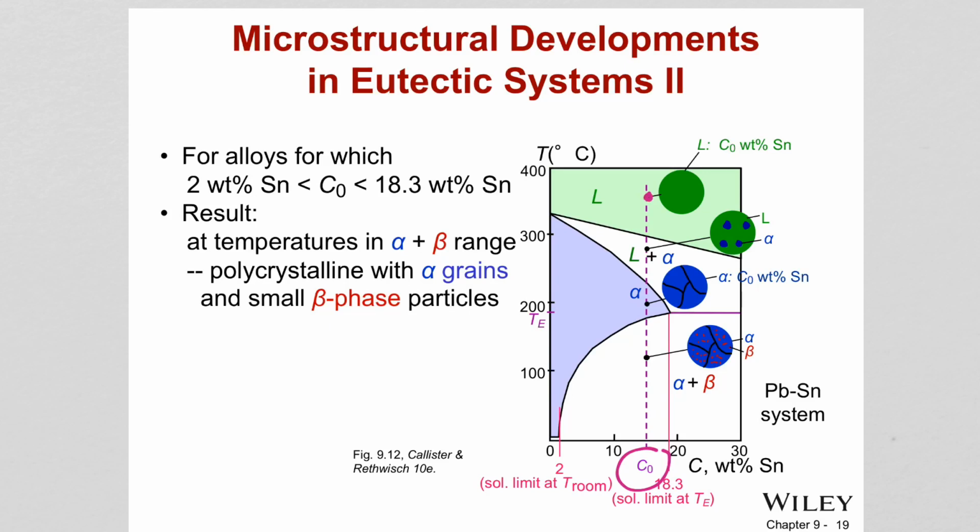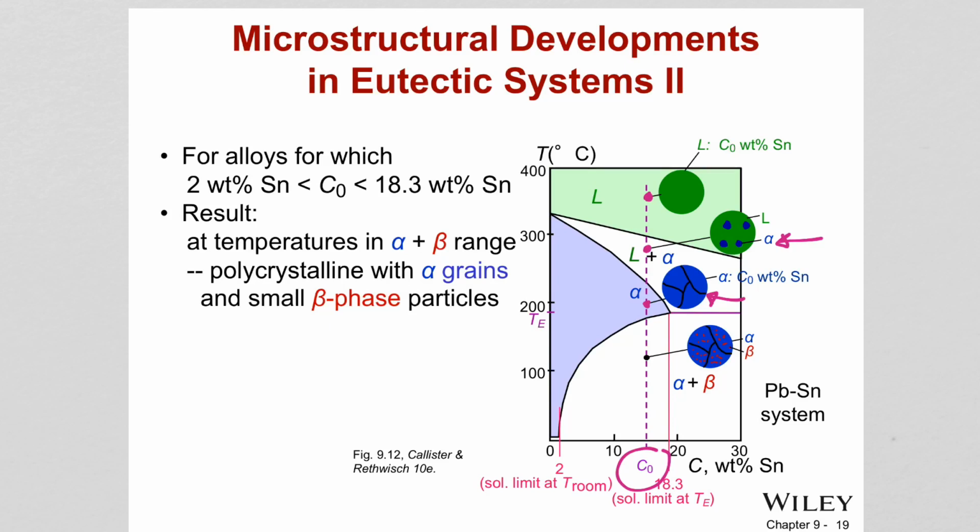At that point we just have liquid, which is what we see in the microscope. Then we cool it down and come to this point. Now we have liquid and alpha, and we see the alpha starting to form inside the liquid. As we keep cooling and come to this point, we only have solid alpha, with a polycrystalline structure, grain boundaries, and alpha grains.